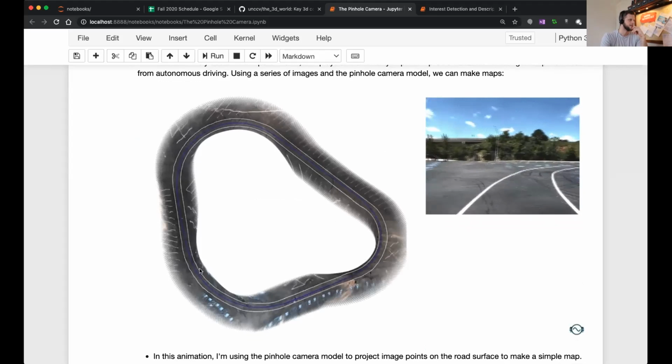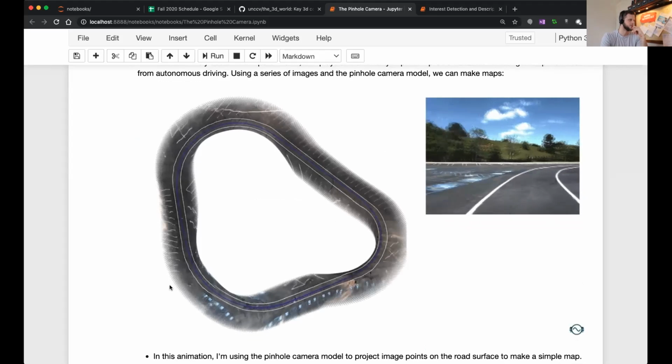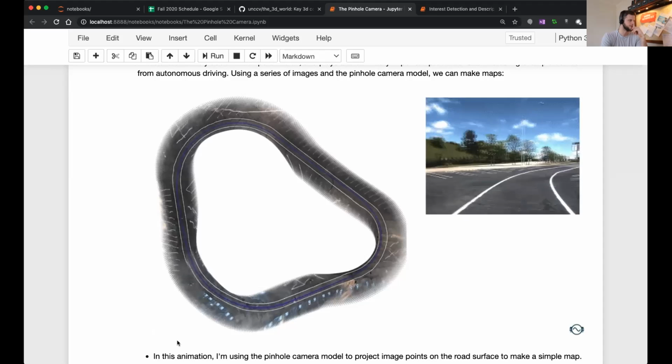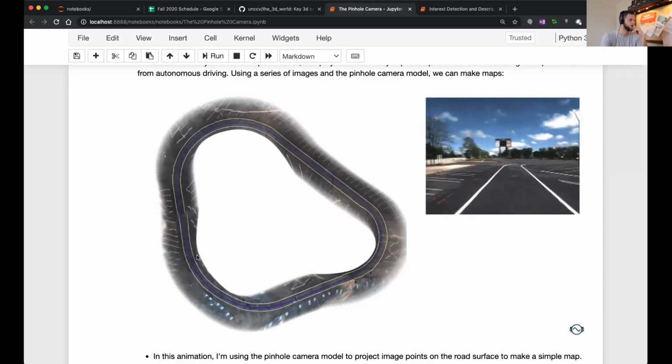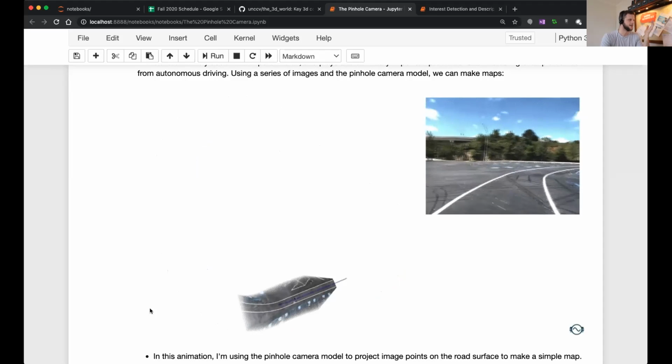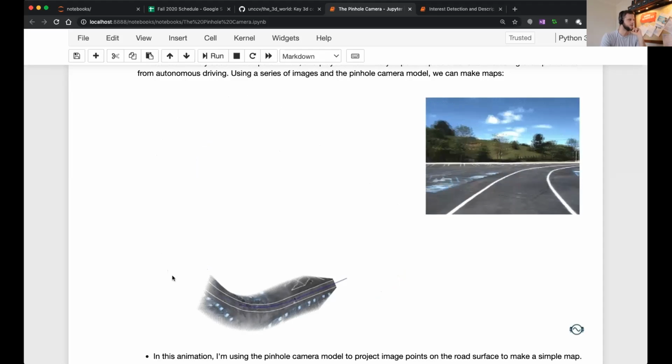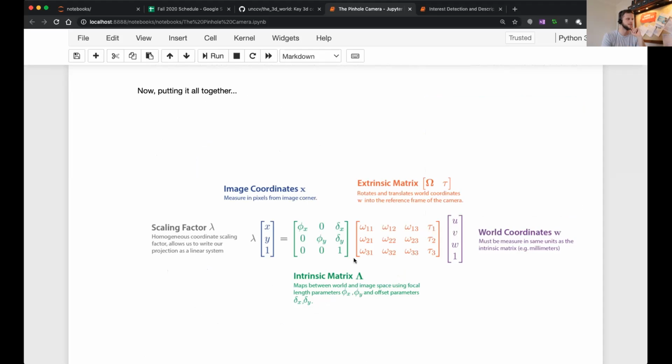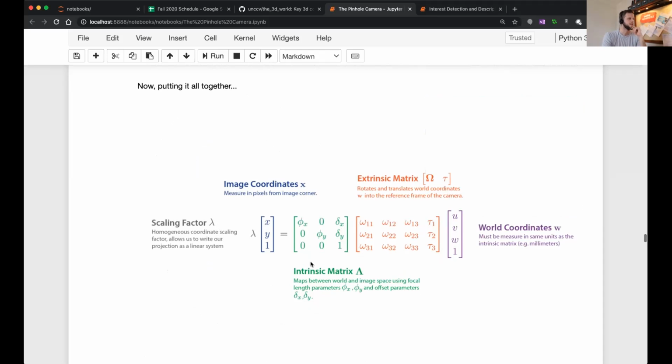If this point is defined relative to an origin over here in the bottom left corner of the plot, for example, and I want to know where that point in world space is going to show up in my camera, then I have to know the relative rotation and translation. It goes from world coordinates to image coordinates, via homogeneous coordinates. But this is the whole thing.